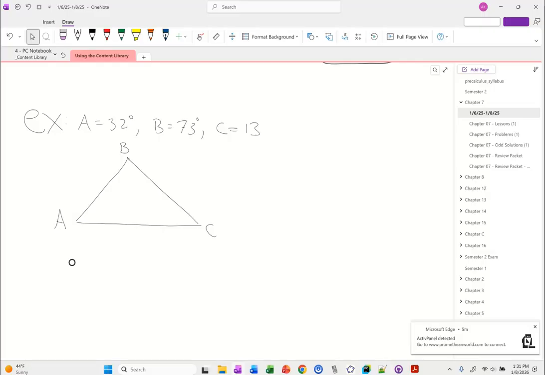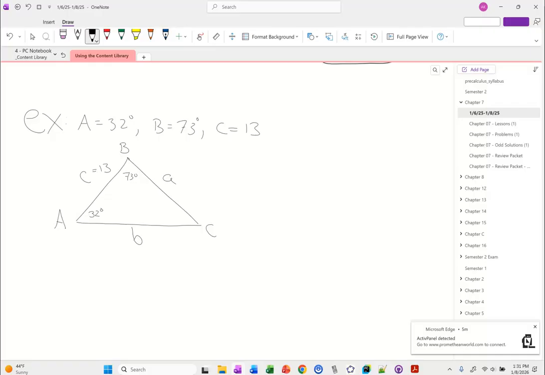Side A has to be opposite angle A. So here's angle A, and opposite angle A is side A. Side B has to be opposite angle B, and side C has to be opposite angle C. Everybody's good? Now we'll write in the givens. Does that look good to everybody?